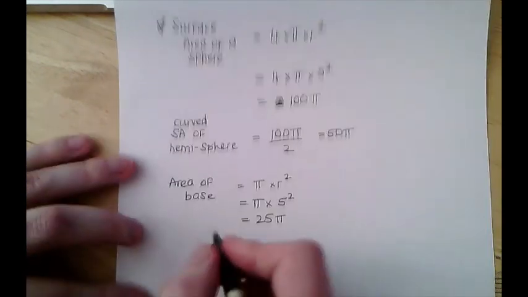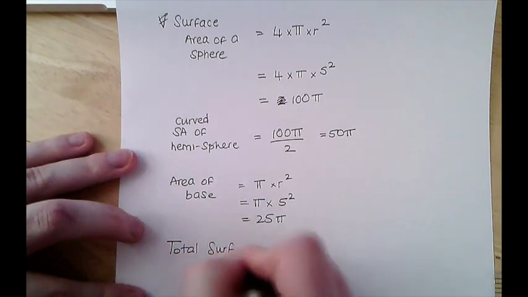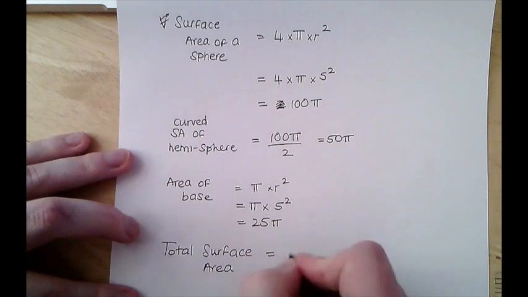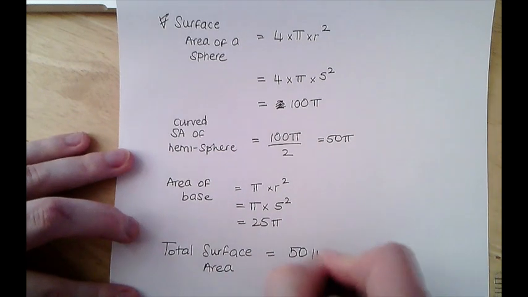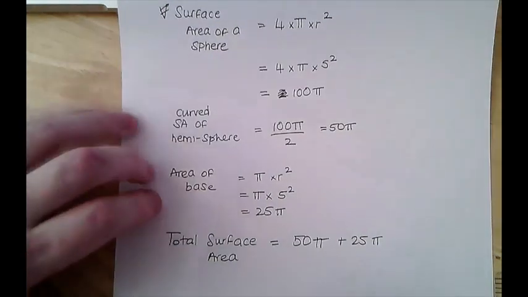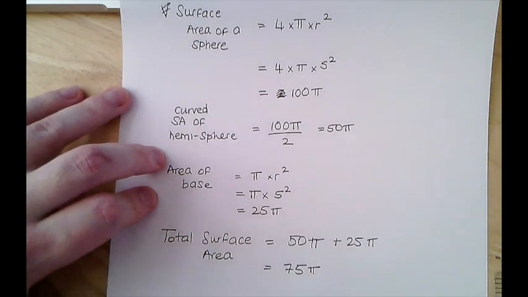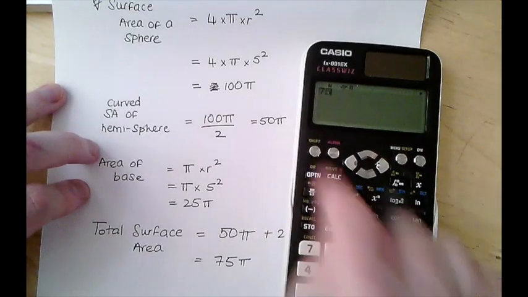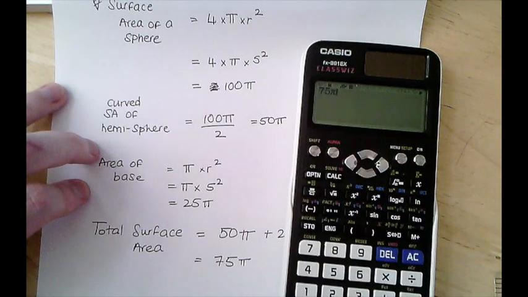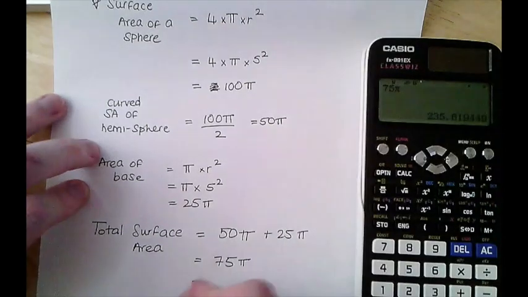So our total surface area is equal to 50 pi plus 25 pi, which is 75 pi, which is 235.61.